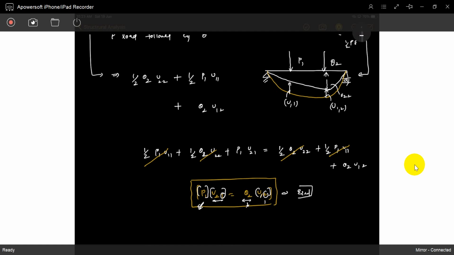Same, the force is in the second direction, the deformation is also in the second direction, but caused by the first direction. So those two are equal.